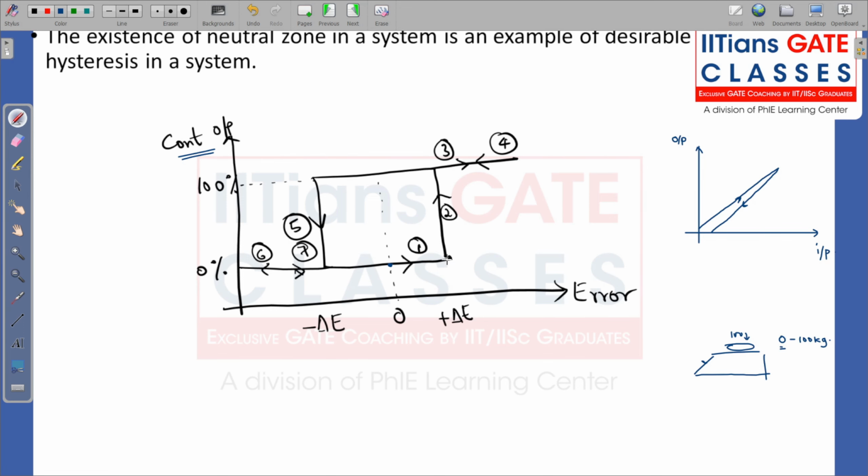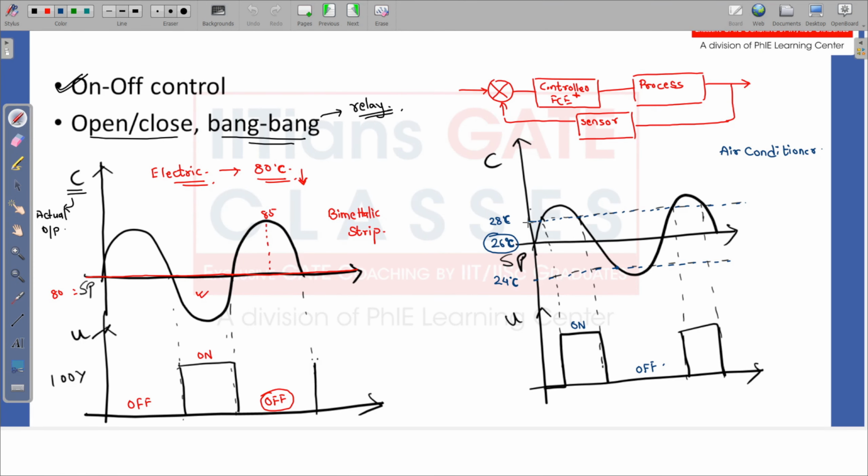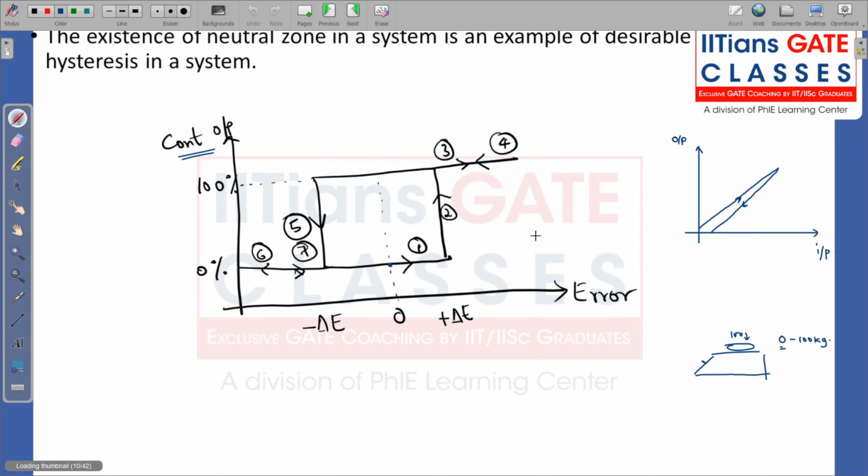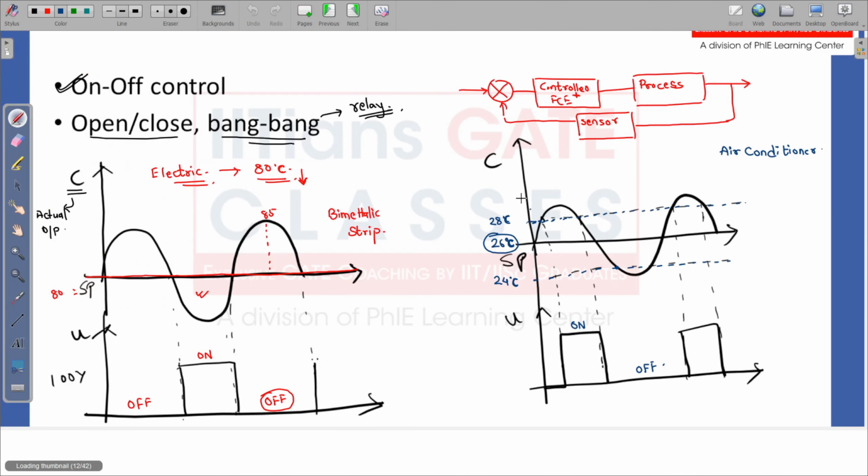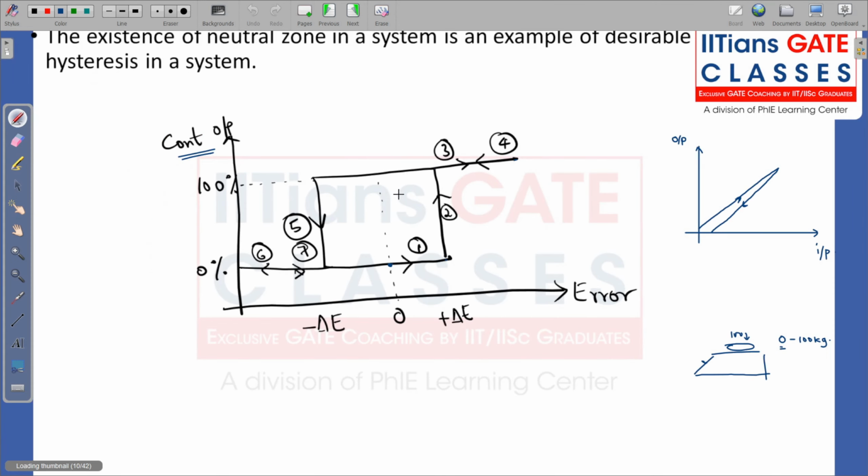As it increases beyond a certain value, it will immediately switch on and stay in the on position for a time. Then the moment it goes below a certain point, my controller will switch off.